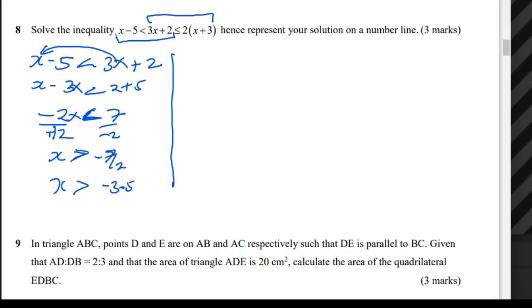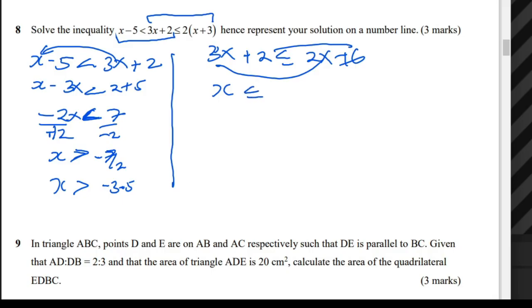Then now handle this one: 3x plus 2 is less than or equal to 2x plus 6 when you open this bracket. So like terms together, this comes here and this goes there. So x is less than or equal to 4. The question is, we present this on the number line.